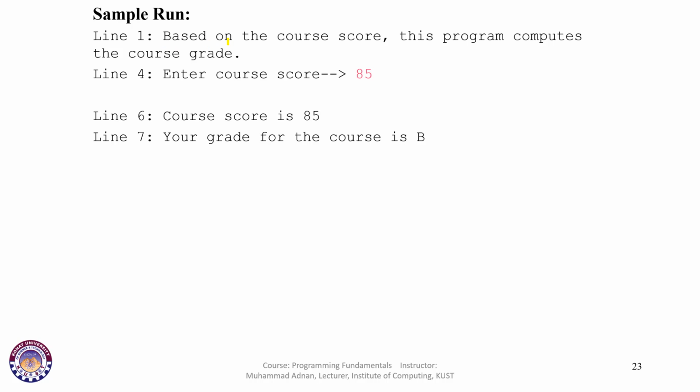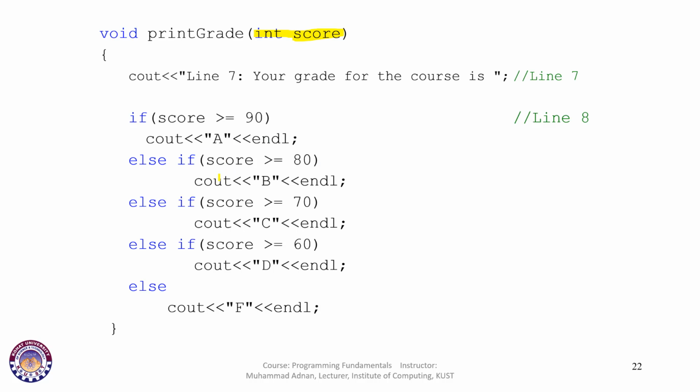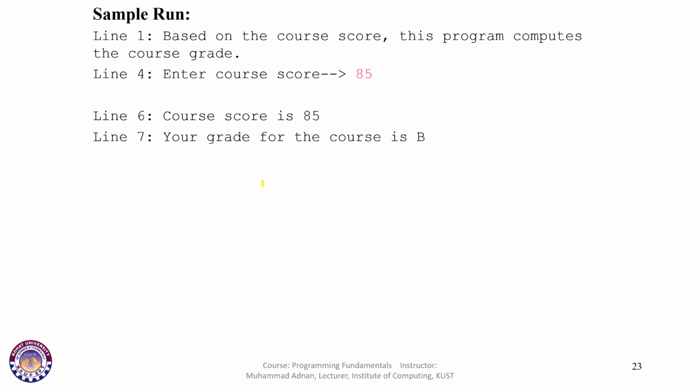Line number 1 displays: based on the course score, this program computes the course grade. Enter the course score. So enter 85, course score is 85, and based on the result of the if else if statements, your grade for the course is B, because here if the score is greater than or equal to 80, then we print B. So that is what it is.